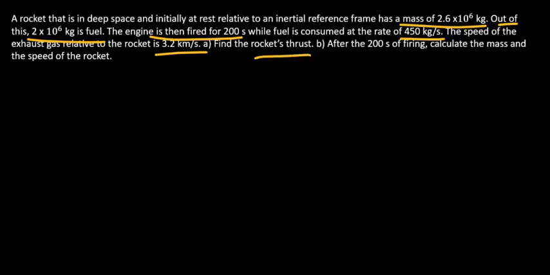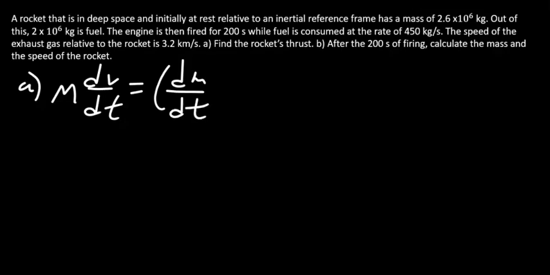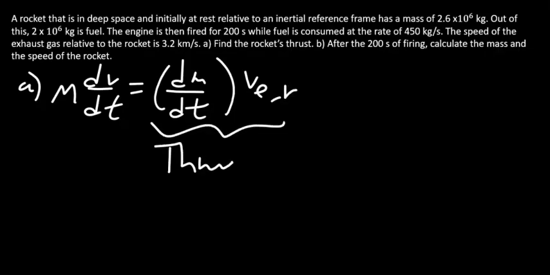Find the thrust. Remember the first rocket equation that says M dv/dt equals dm/dt, this is the little m, times the speed of the exhaust gas with respect to the rocket. So this is the thrust in newtons. Thrust is a form of force.